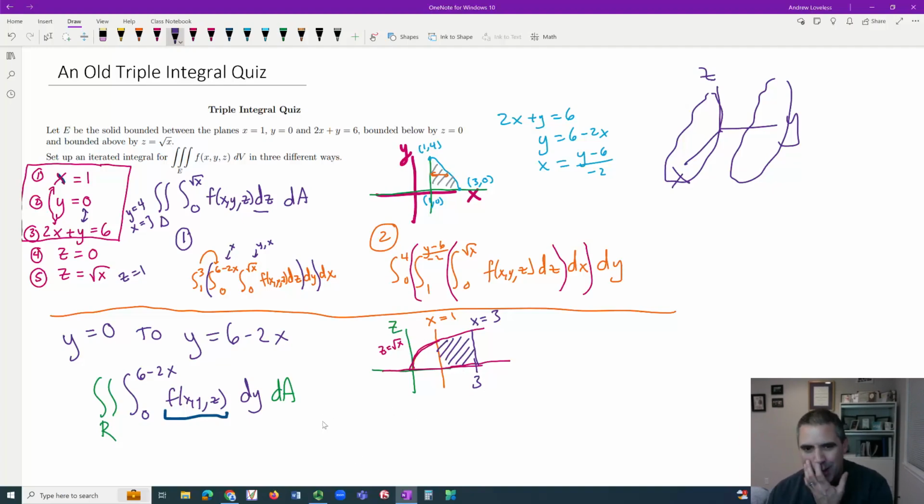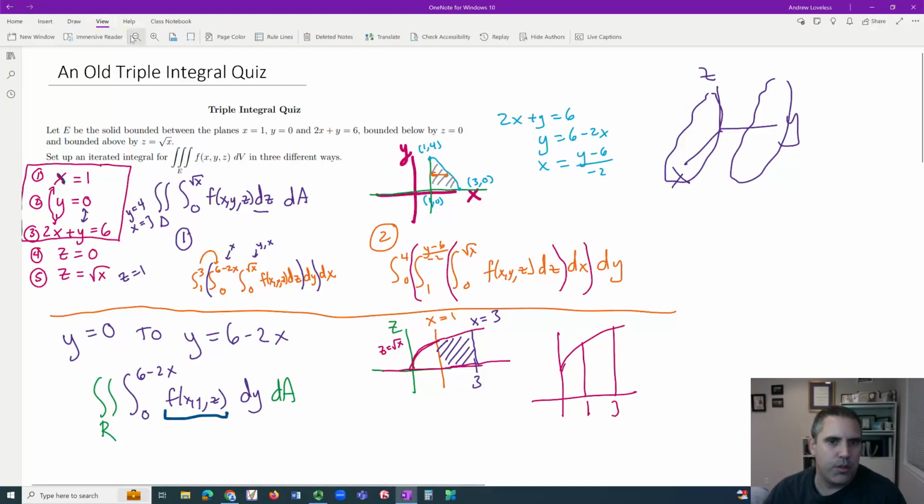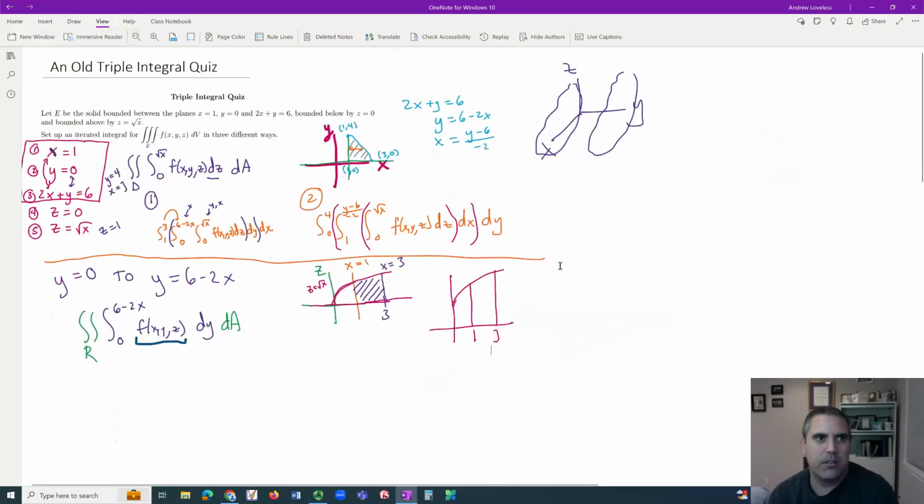Now, here's where things I think become a little interesting, because that particular region, if I make it a little bigger, is not nice to do both ways. So look at that region and ask yourself your Math 126 question.